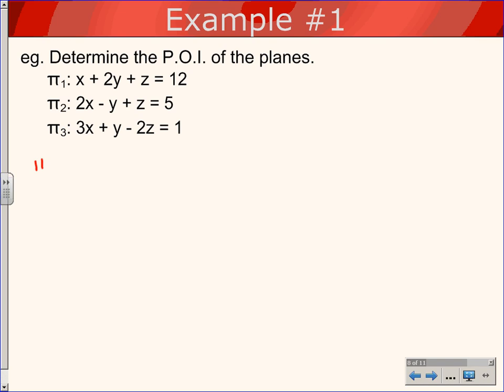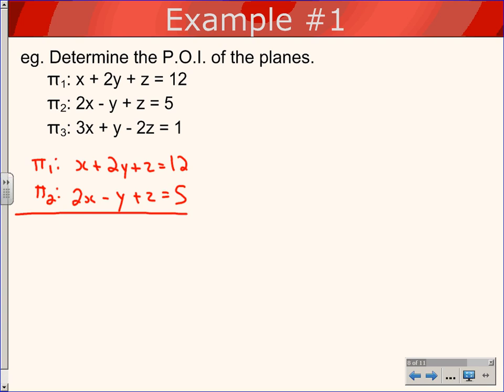I'm going to take the first plane and the second plane, x plus 2y. And if you look at these two, I want to eliminate one of the variables. It's set up really nicely to do that if I want to eliminate the z's. So if I eliminate the z's, I'm just going to subtract these equations.